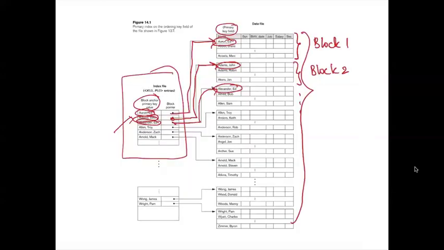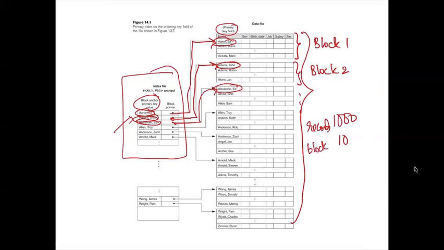As you can see, for each block, we have one entry in the index field. So let's assume that I have 1000 records, and the block size is 10 records. In each block, I have 10 records.